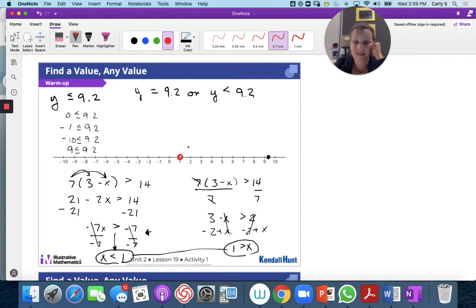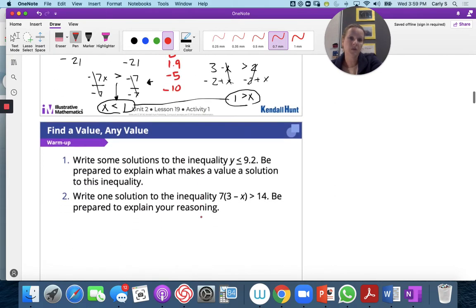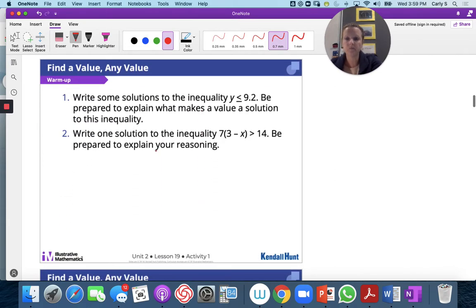That signifies that x cannot be equal to 1, but it can be equal to all numbers smaller than 1, like 0, like 1.9, like -5, like -10, and so on. x can be any number smaller than 1, any number at all. All right, let's move on. This lesson is a little long, so you can always push pause and take a break. We already did this.